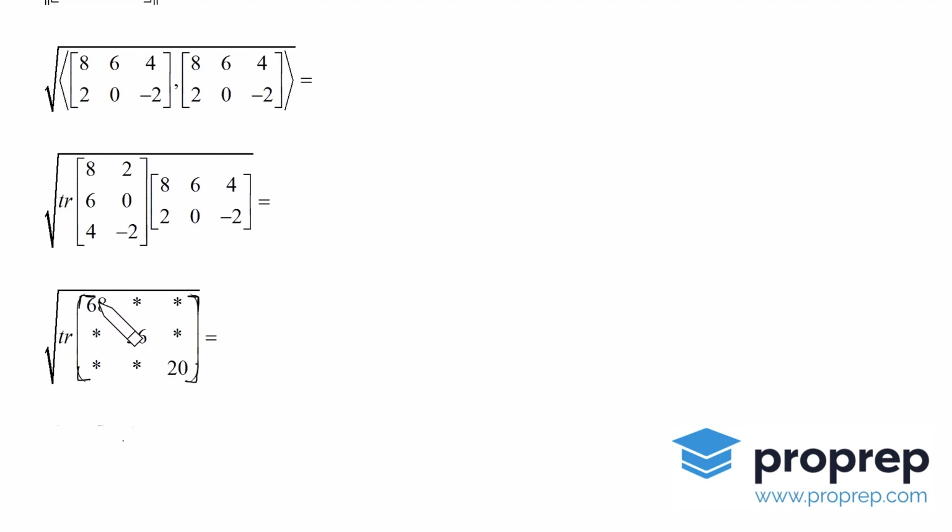Now we have to take the trace of this, so it's 68 plus 36 plus 20, and if we compute that, I think it comes out to 124. So we'll leave the answer like this, the square root of 124, a bit over 11. We don't need a numerical approximation. Okay, so that's this example.